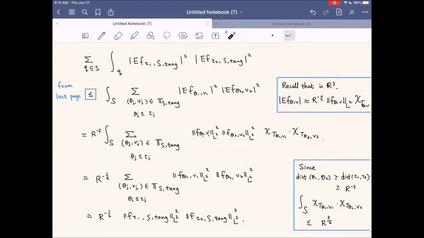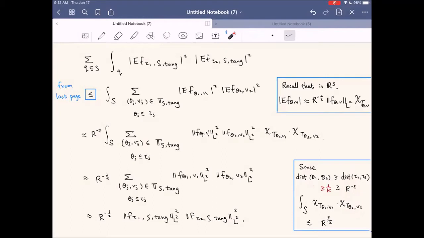Now we replace this approximation on the last line. And previously we had one single Q, now we sum over the Q lying in S. And then here we apply another geometric observation. That is, if the distance between theta 1 and theta 2 is larger than 1 over K, it means that the angle between T theta 1 V1 and T theta 2 V2 is larger than R to the minus epsilon.